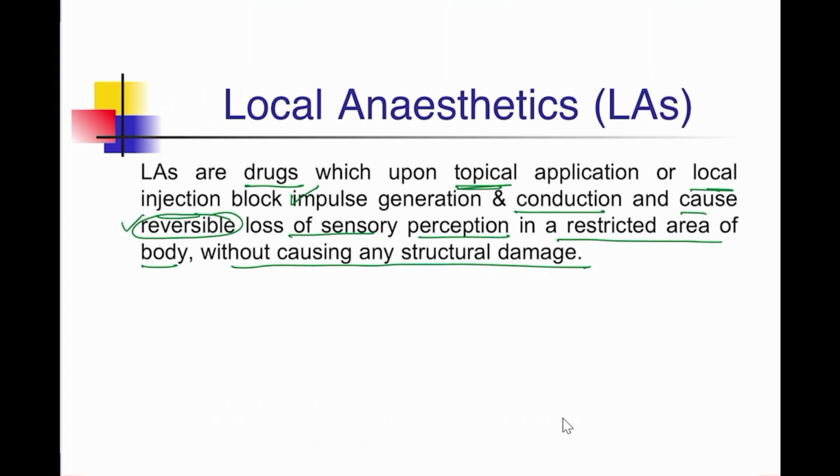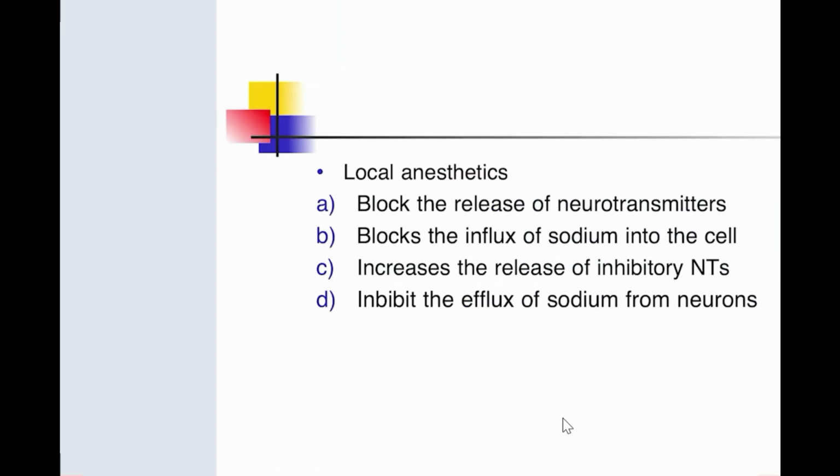The loss will be reversible for as long as you have given it, and again the patient is going to recover. Wherever you have applied it, there will be no sensation, numbness will be there, and there will be no structural damage.